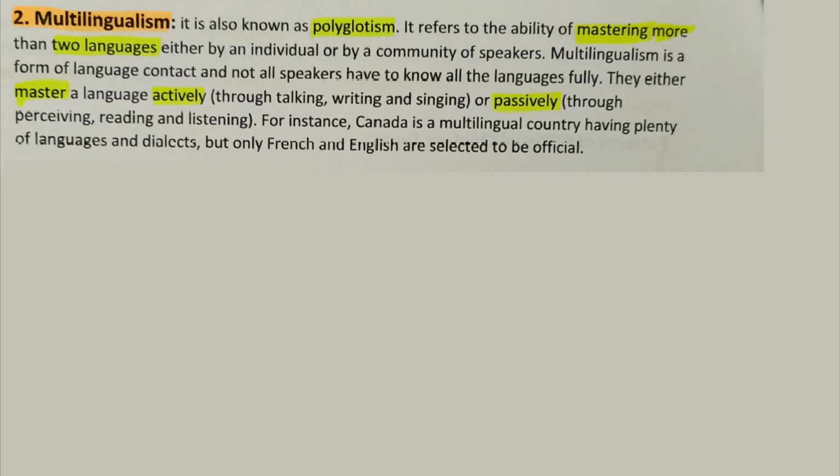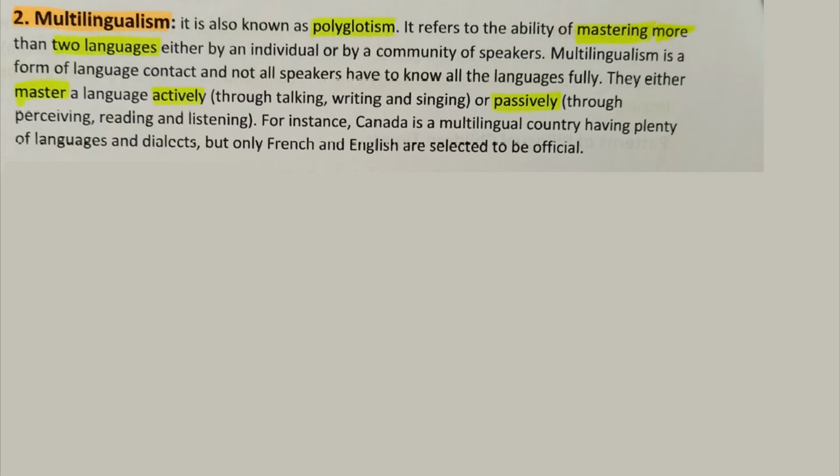So you either master a language actively, maybe through talking, writing, and singing, or passively through, for instance, perceiving, reading, and listening. For instance, we take an example. Canada is a multilingual country, having plenty of languages and dialects, but only French and English are selected to be official.